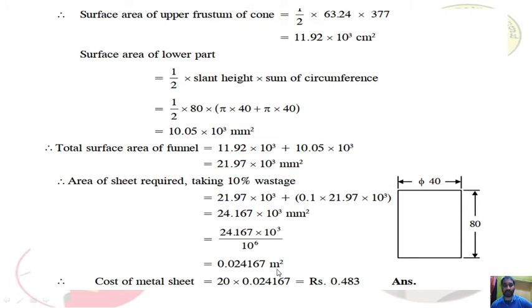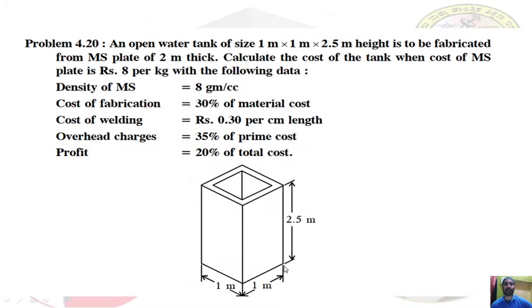We need this because the cost of the metal is given per area. The cost of the metal per 1 meter square is 20 rupees, so 20 into this area gives rupees 0.483 as the cost of the material required for making this funnel. Okay, next.